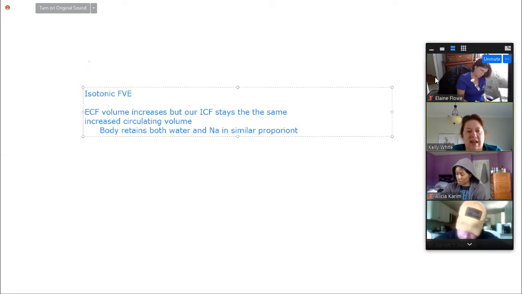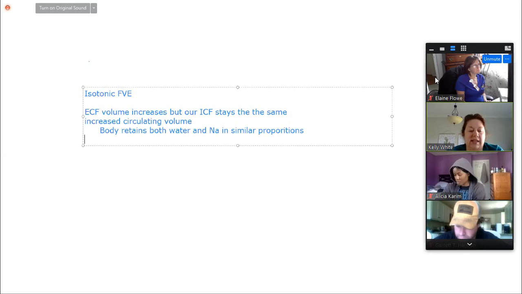So again, you have the isotonic, meaning equal. Okay. So it gives us increased circulating blood volume, and this is going to lead to tissue edema.